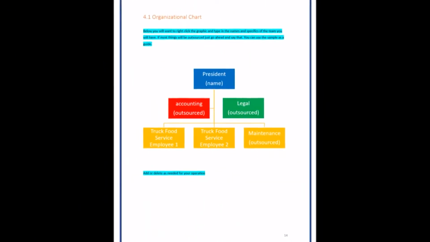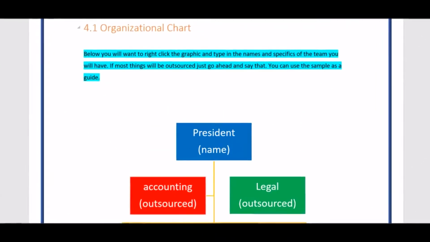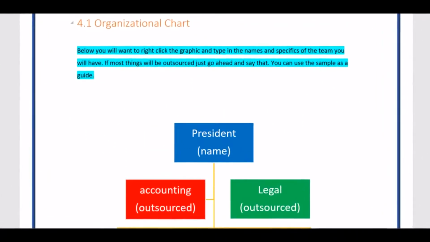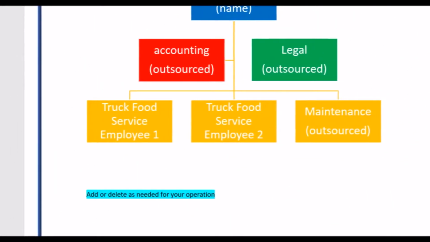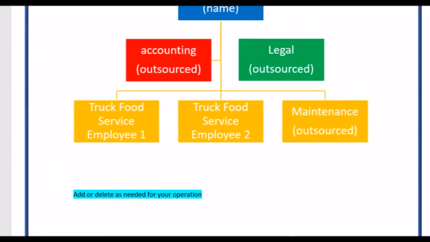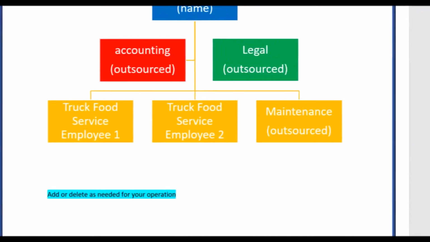There is an organizational chart, which is in the form of a smart art graphic. Click the graphic to enter the different areas of the organizational chart. You can fill in and edit your team members and their positions in the graphic.